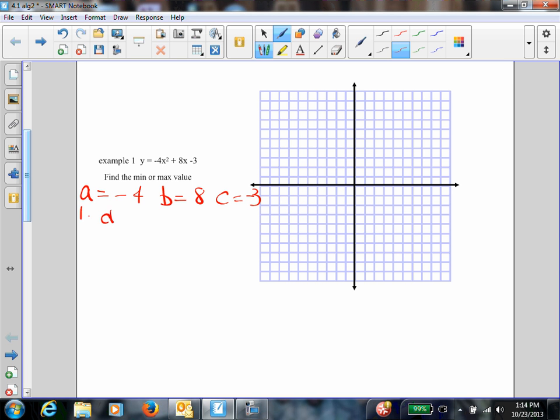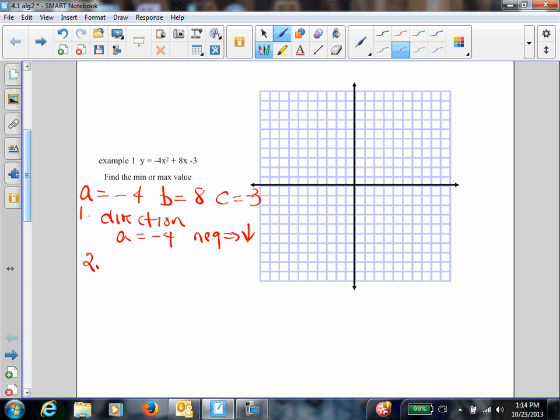Number 1 is the direction. So we look at a. If a is -4, how does this open? Does this open up or down? Down, good. Because it's negative, that means it opens down. All right, step 2. We said find the y-intercept.